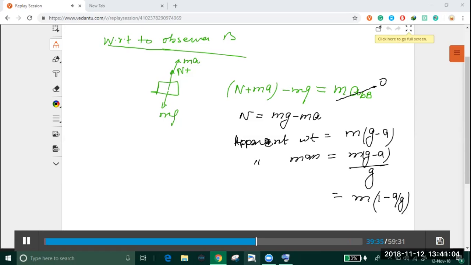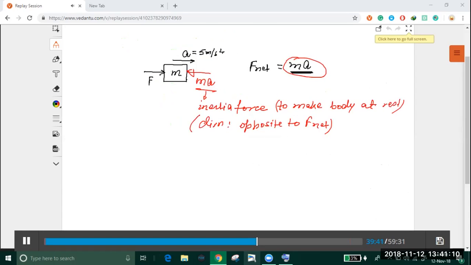The concept of inertial force. Inertial force.